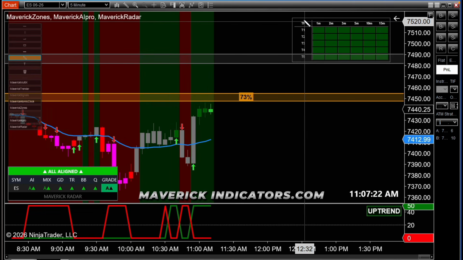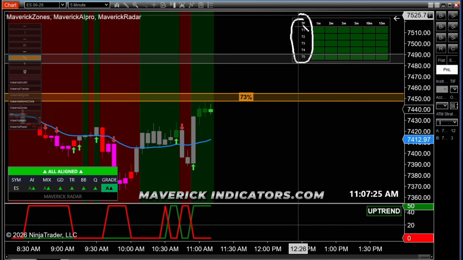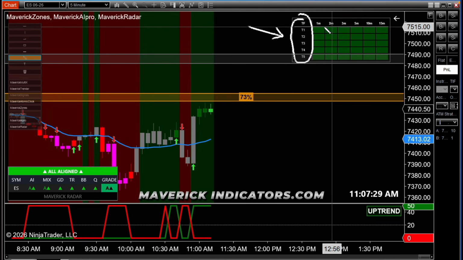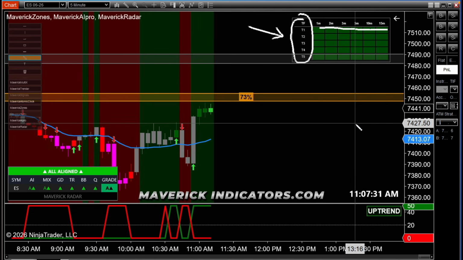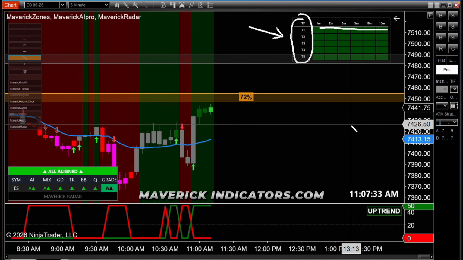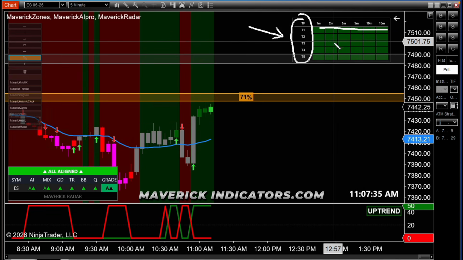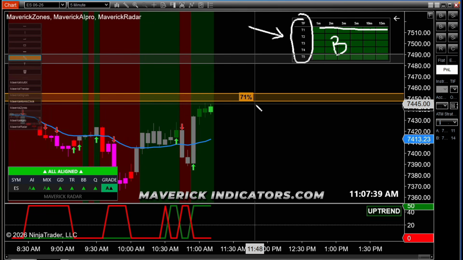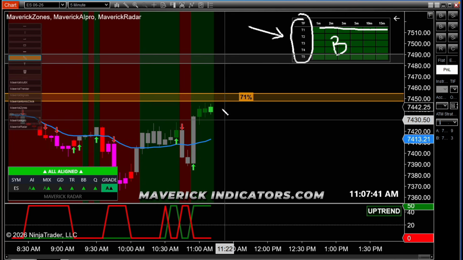All 5 traders, these are algorithms, but think of them as traders, T1 through T5, and they're trading across 6 time frames. Right now they're all voting bullish across 6 time frames. They vote every single tick.